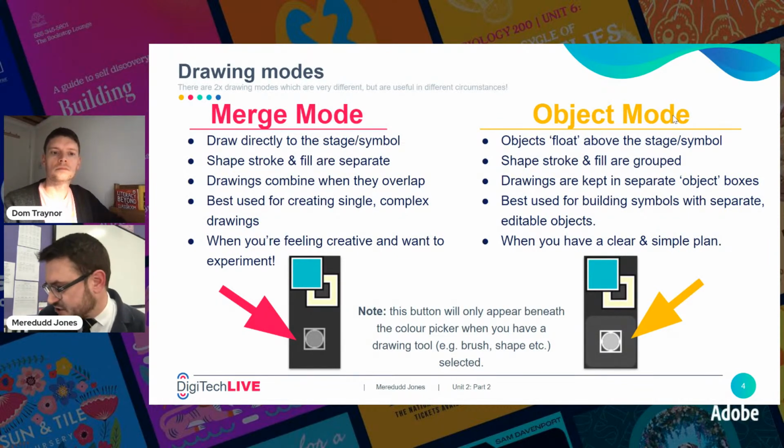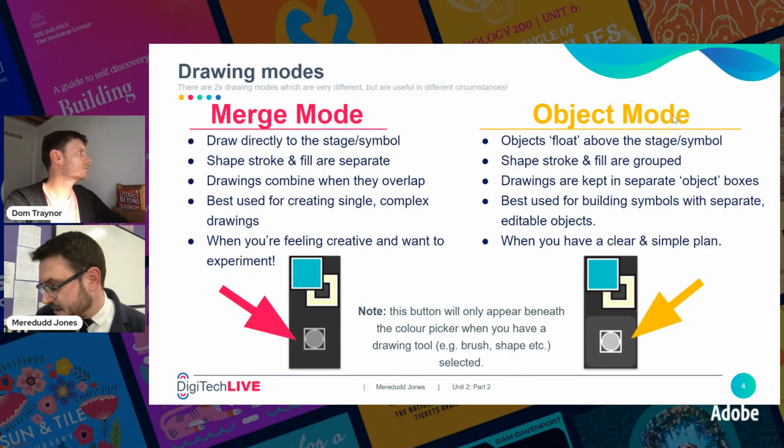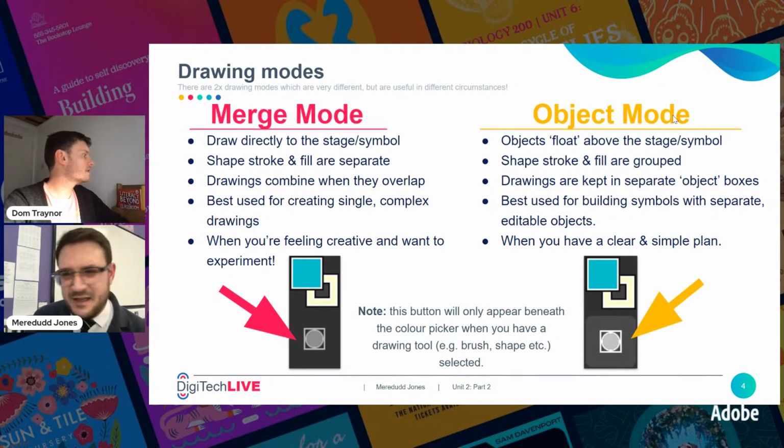So one thing to note, as you can see down the bottom there, that's how you can tell which mode you're on, is underneath the color picker on the left-hand side of your toolbar. You've got this little button, and I wish it was really obvious when object drawing mode is on or off. It's not that obvious, is it? It kind of is. You sort of highlight the background, sort of thing. Yeah, it's the most subtle thing possible.